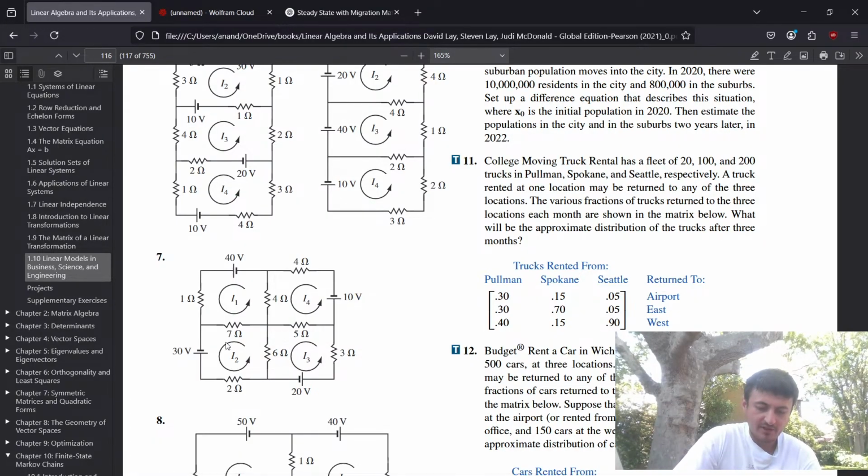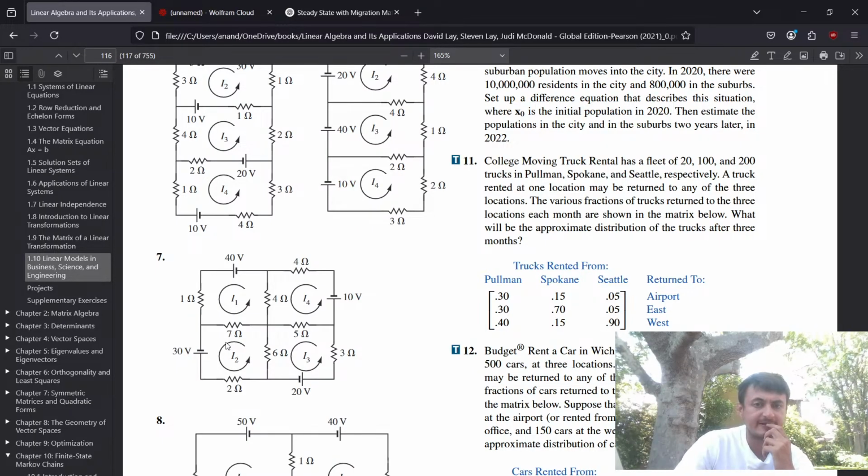So we're going to have 40 is equal to 12 I1 minus 7 I2 minus 4 I4. Okay. Then for I2, we have 30 is equal to.